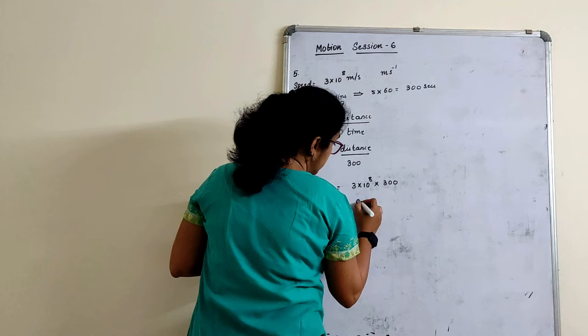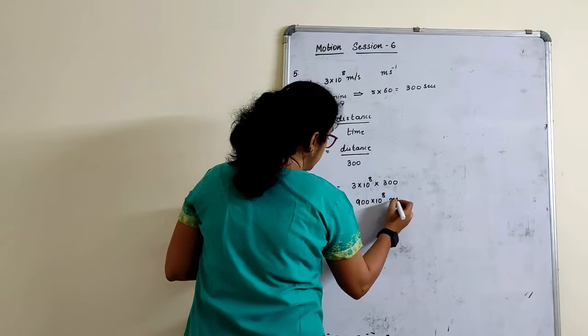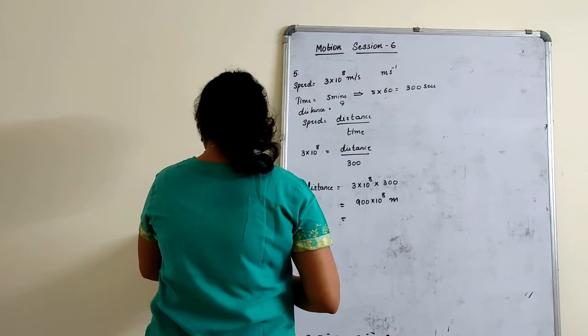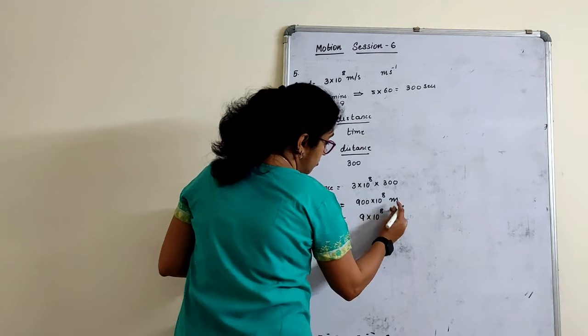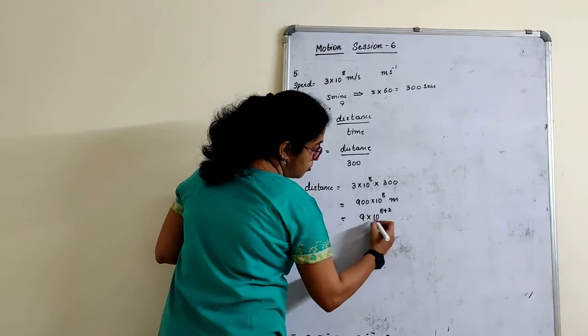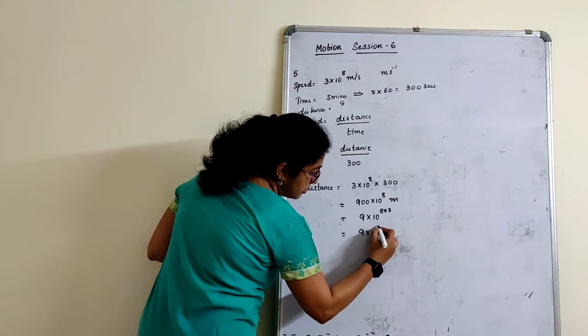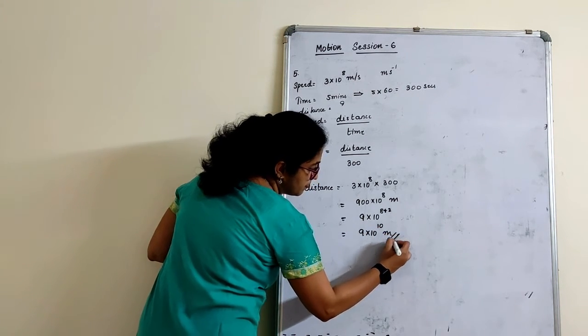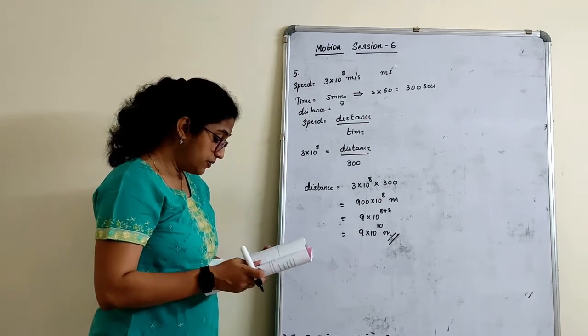So 3 threes are 900 into 10 raised to 8 meter. You can also write this as 9 into 10 raised to 8 plus 2, which is this 2 I have taken here: 9 into 10 raised to 10 meter. Very clear? We'll go with the next one.